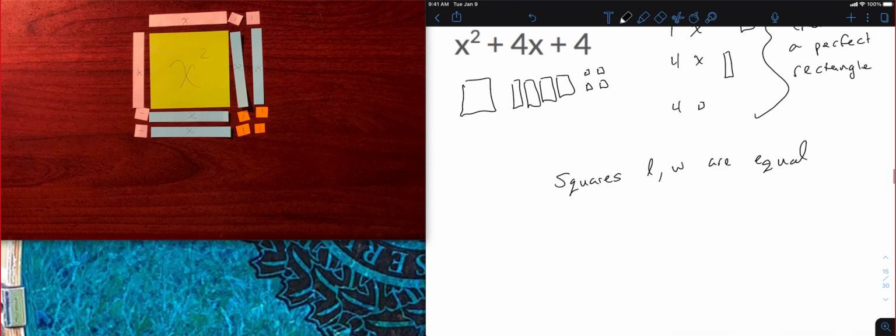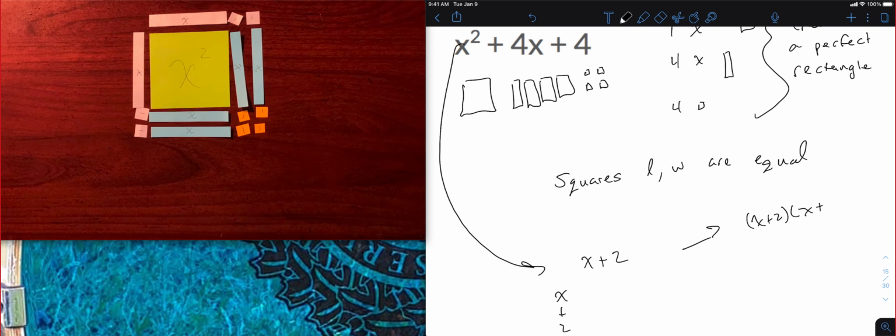Its length and width are x plus 2 along the top, and down the side, we also have an x plus 2. Does anybody have any questions?